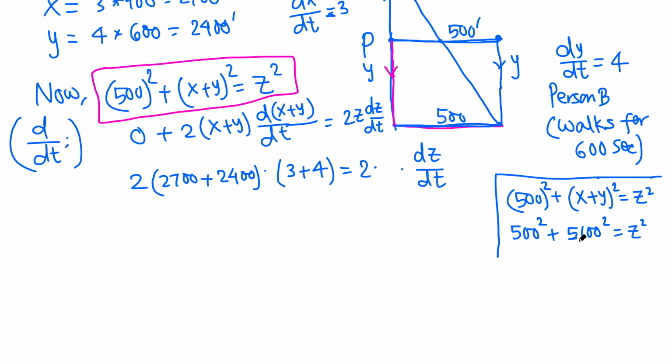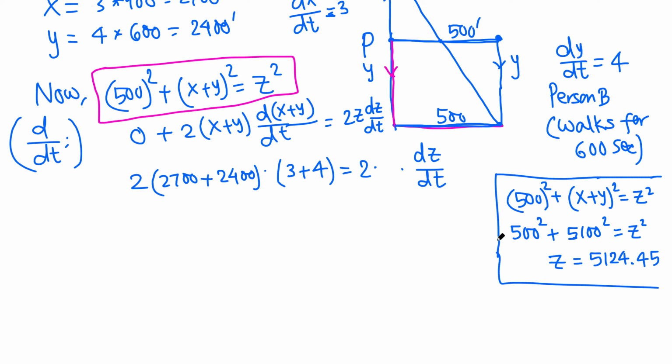Now we add 500 squared plus 5100 squared and take the square root. Using the calculator, it comes out to be 5124.45, using 2 decimal places. That's the g we're going to plug in.